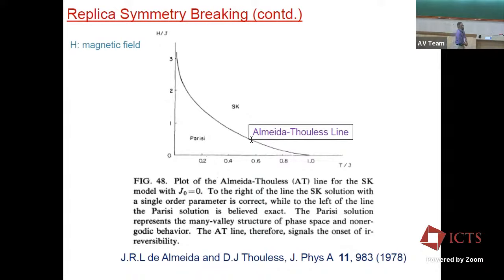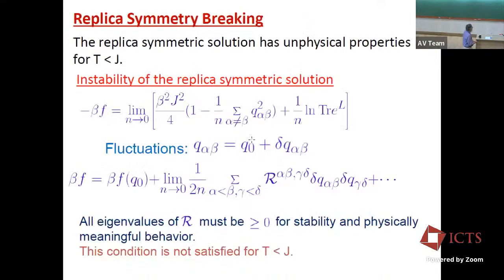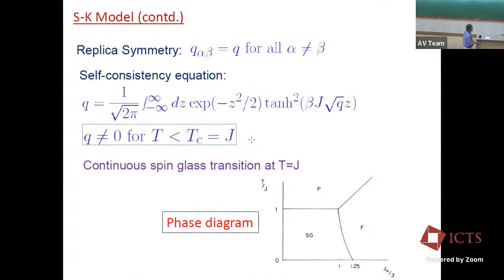SK is the ferromagnetic part and Parisi is the spin glass? No. SK is just, yeah, there might be a little confusion. Anything which is not paramagnetic is the Parisi part, basically, in the sense that here we are not talking about, of course, J0.